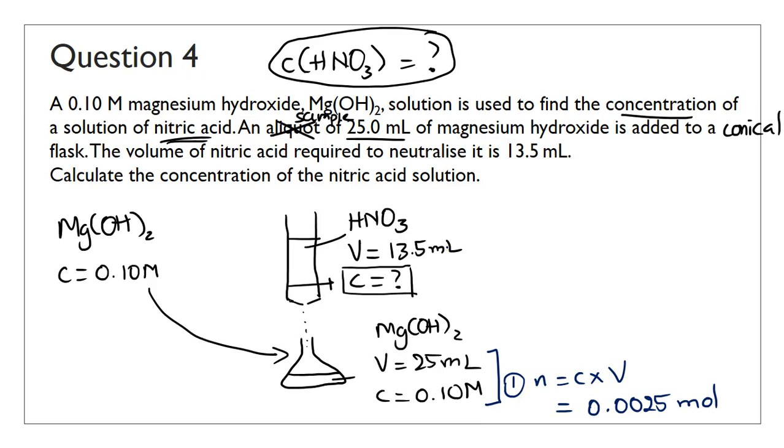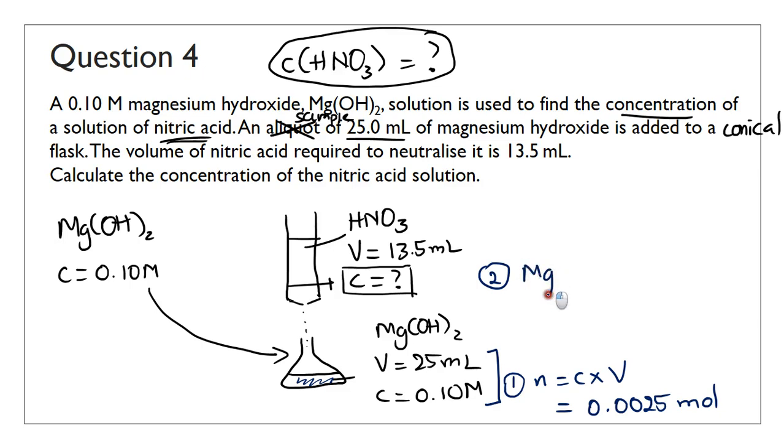So in this particular question, you're going to have to go up, if you will. So you start with the conical flask, and now you have to make the connection between the solution in the conical flask and the solution in the nitric acid. And once again, in order to make that connection, you need to use mole ratio. Now, one extra thing about this question is that the equation is not given, so you need to write it out yourself.